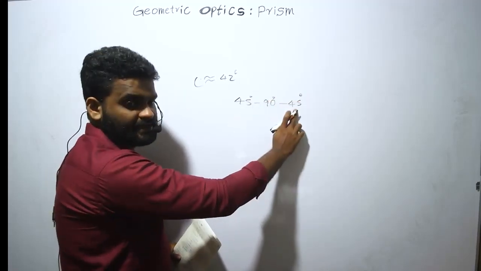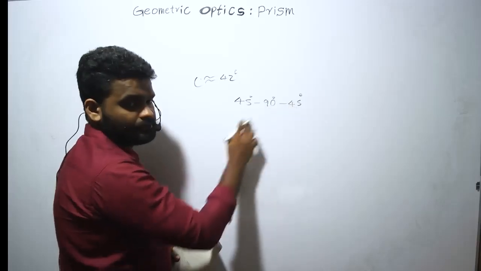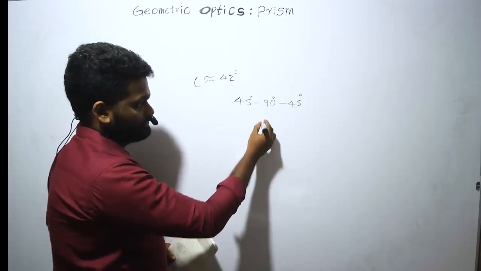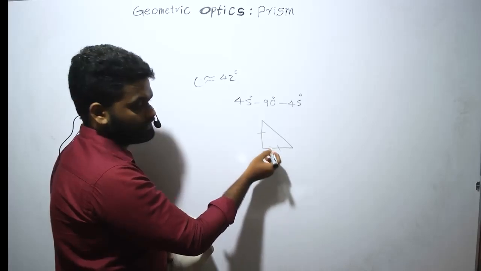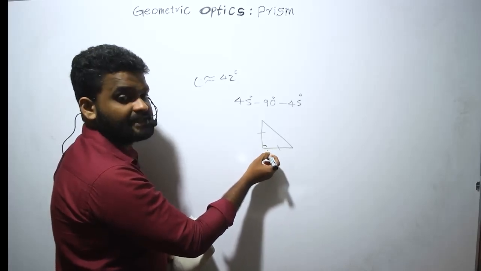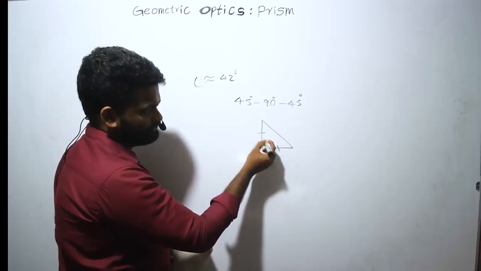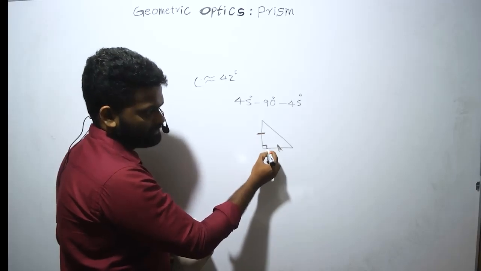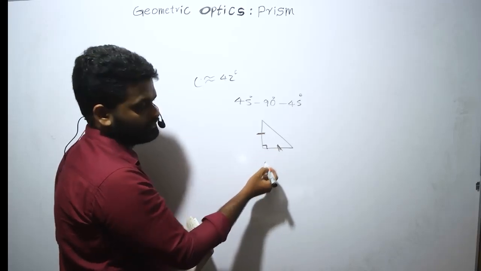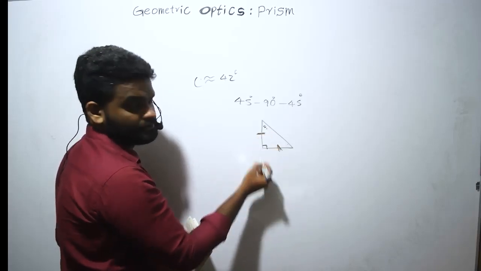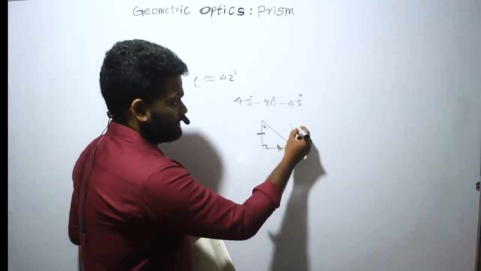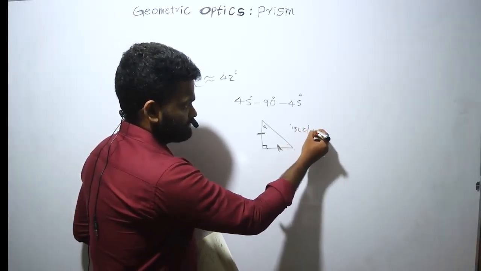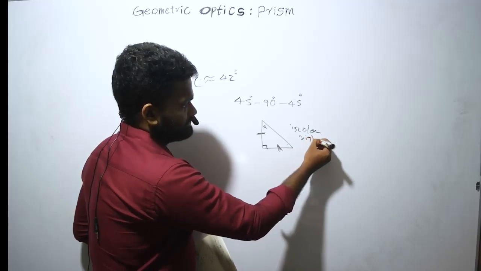You can understand this one, right? Prisms like this, isosceles right angled prisms. So 45, 45, 90. If you want, you can draw it.